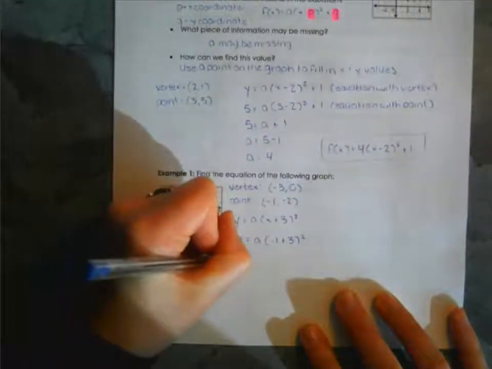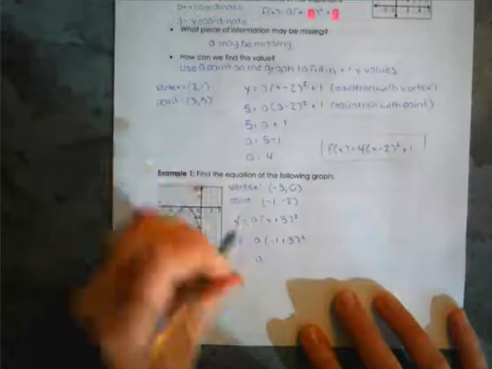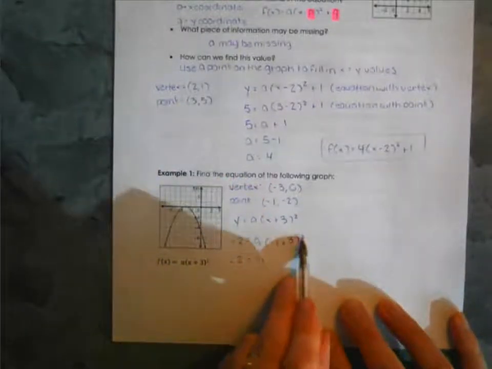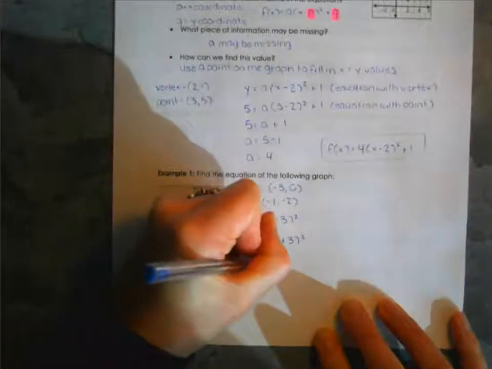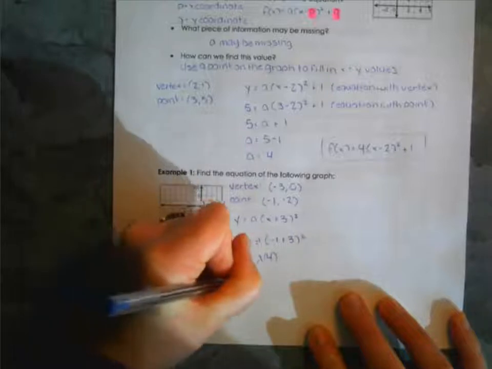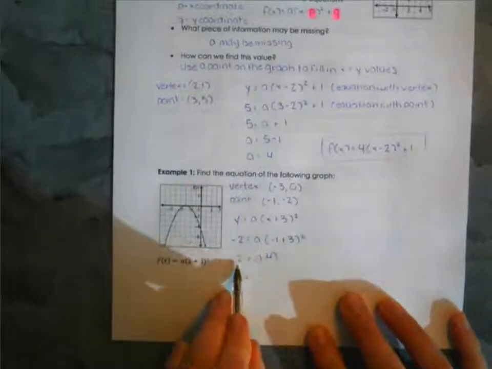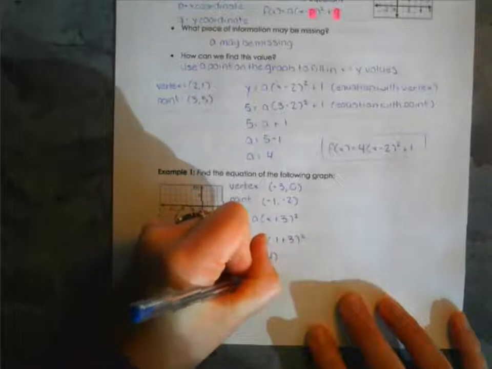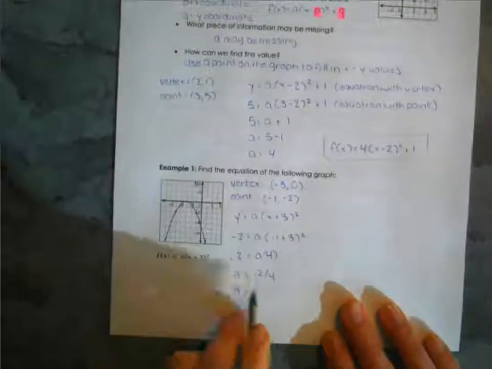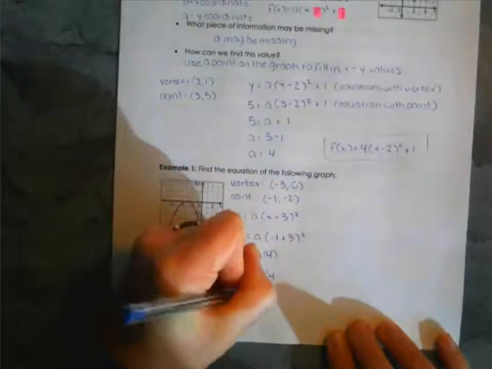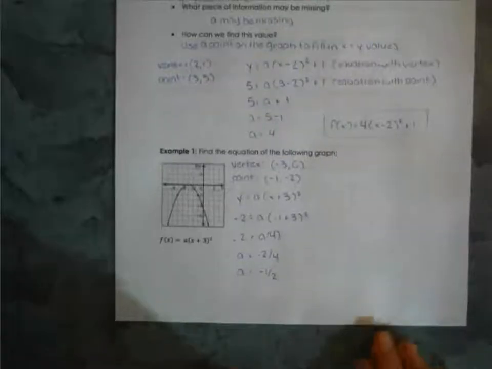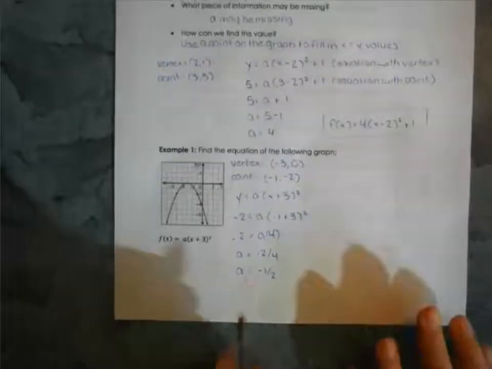So now I can say -2 is equal to a times (-1 plus 3), which is 2, and if I square that, it's 4. So a times 4. So now I can say a is going to be equal to, I'd have to divide out my 4, so it's going to be -2 over 4. And of course I always want to simplify, so -2 over 4 gets reduced to -1 over 2. Okay, so now I have my lowest possible fraction there.